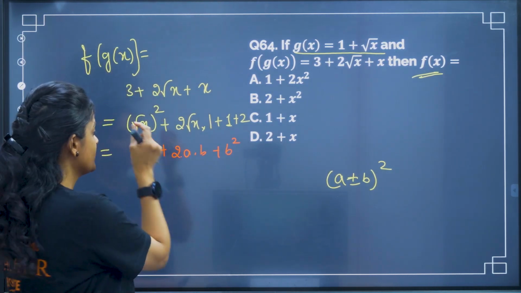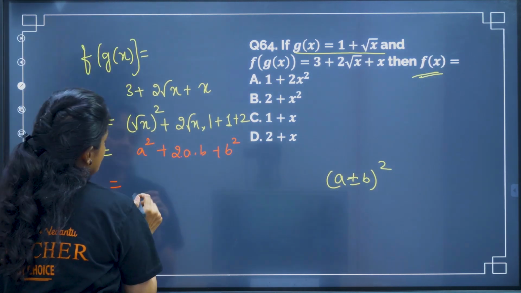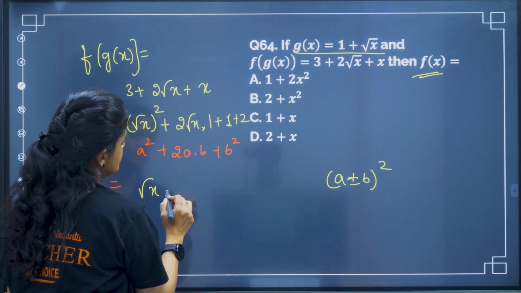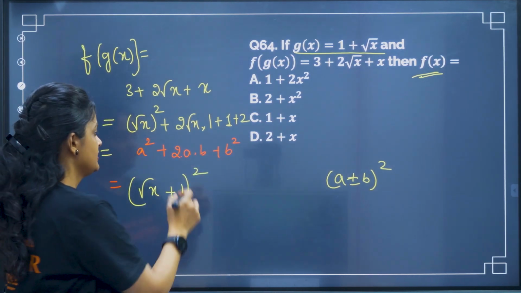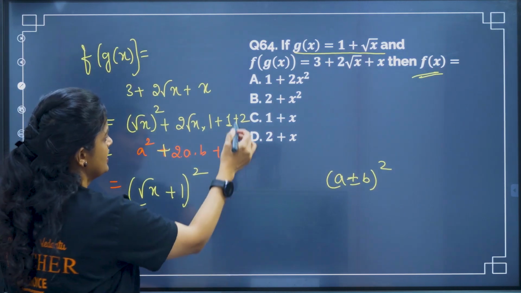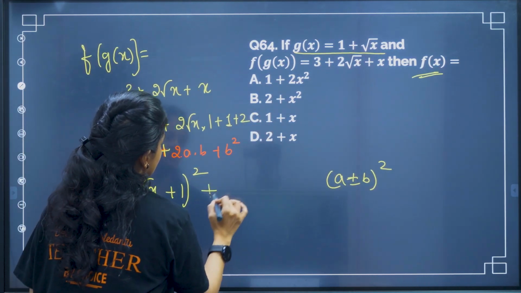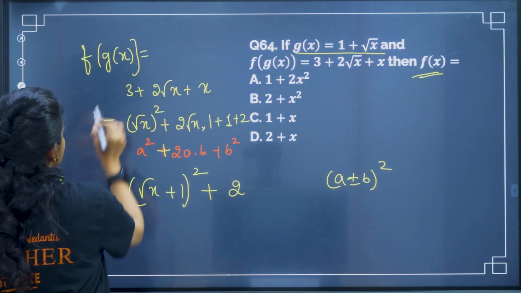So that gives you a square plus b square plus 2ab, which I can write as a plus b whole square. Here we have plus, so I am writing plus here. So that becomes a plus b whole square. Remaining is only 2. This is the value of f of g of x.